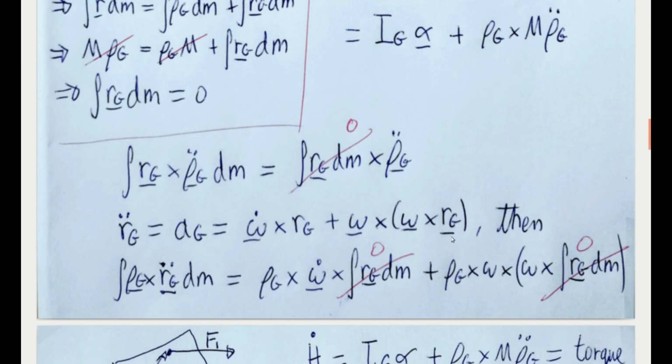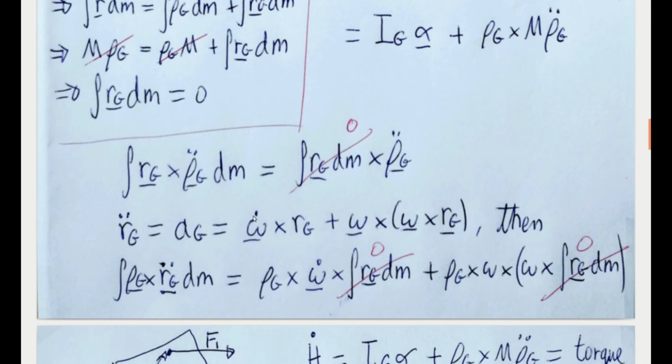This you saw from our previous lectures from using a reference that's a rotating reference. So now I'm going to substitute this into the integral which I said is 0. So how does that work? First, you can take rho g out of the integral because it doesn't depend on the position in the body, so that's what I've done here. And then here I just substituted this part above, and that's why you get 2 integrals here.